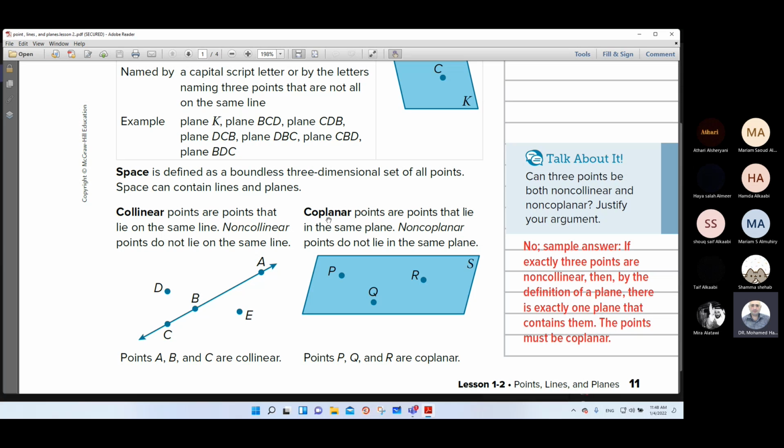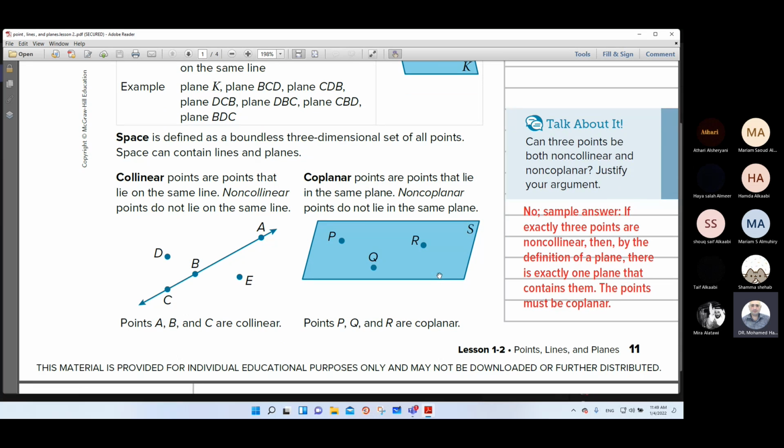The second idea, coplanar. Coplanar means points that lie in the same plane. So when you have points in the same plane, the name of this case is coplanar. Non-coplanar means points don't lie in the same plane.